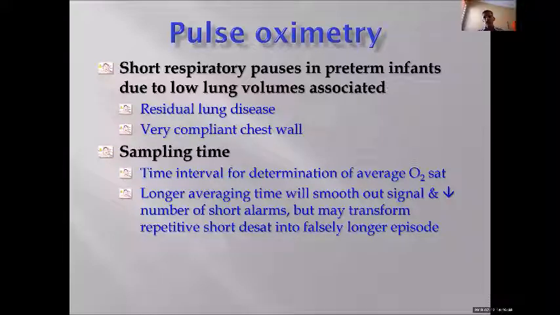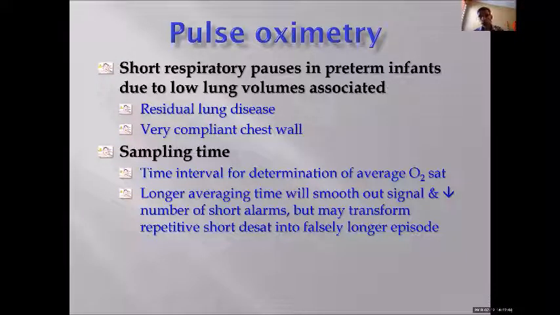However, there is some evidence, and people are studying this, that they use what we call cumulative desaturation time. So they use a tachogram, and it tells you how long over a period of time you were under that saturation level. So each time is 1 second, 2 seconds, 3 seconds, over 24 hours.